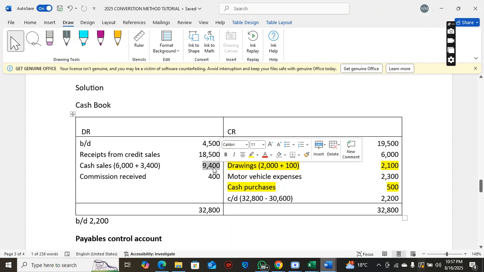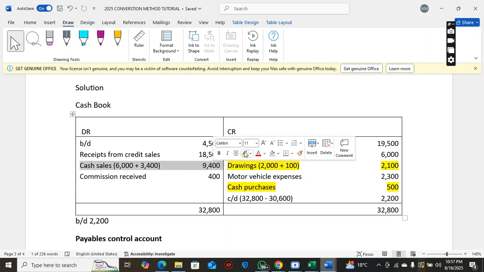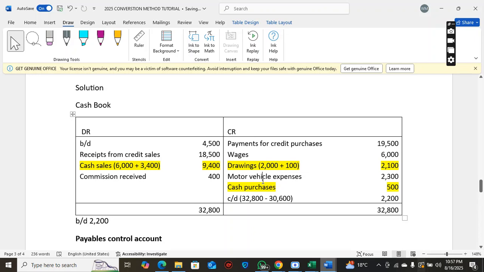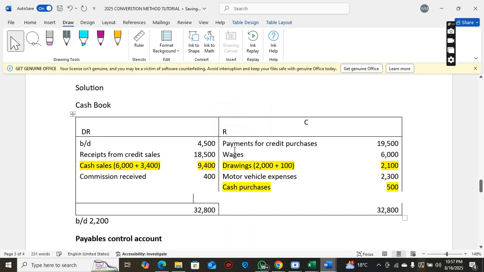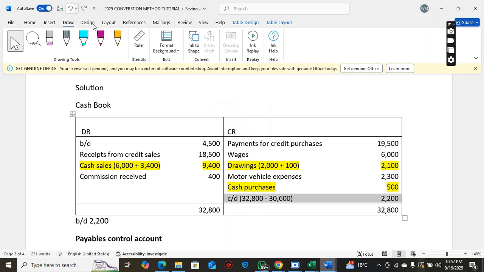This is our new value for cash sales. So these were the transactions that were omitted, which we had to include. So now we can tabulate the balance for the cash book.